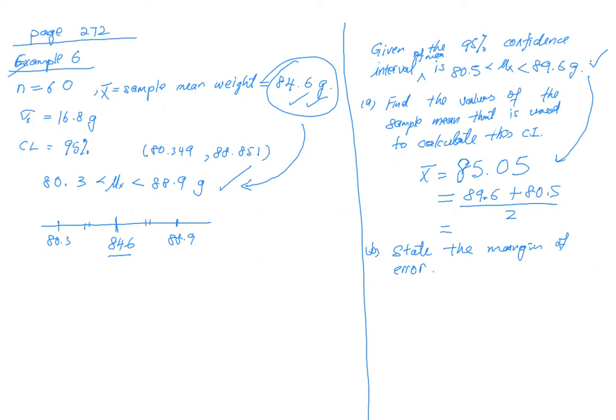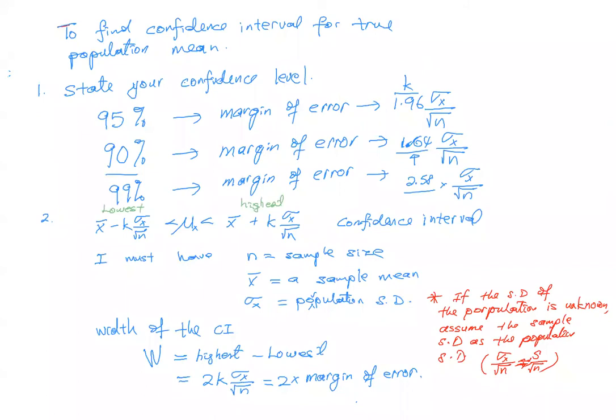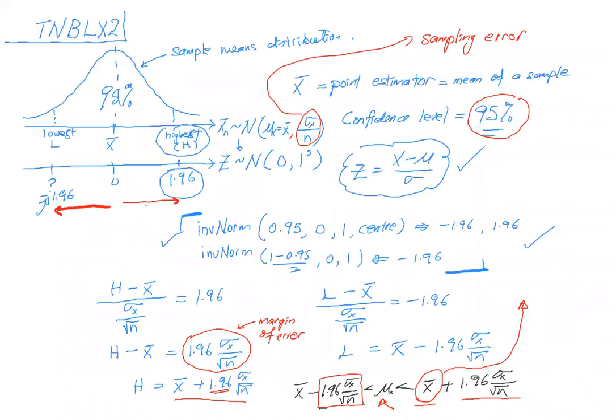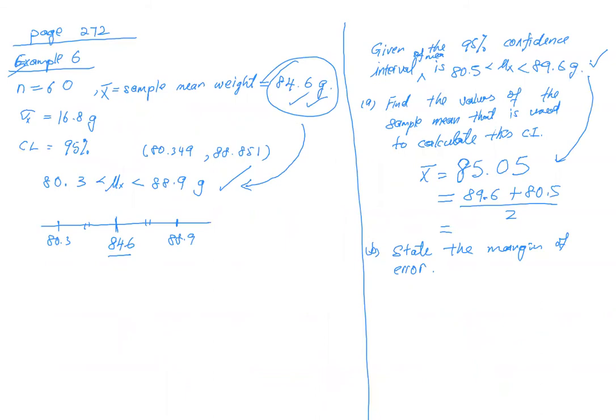Yeah, half of the width. I told you, I want the value. If you have the confidence interval, you don't have to use a formula to count. How to get the width? Highest minus the lowest. So half of the highest minus the lowest.